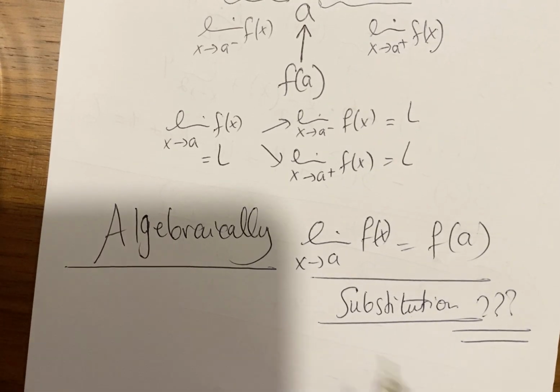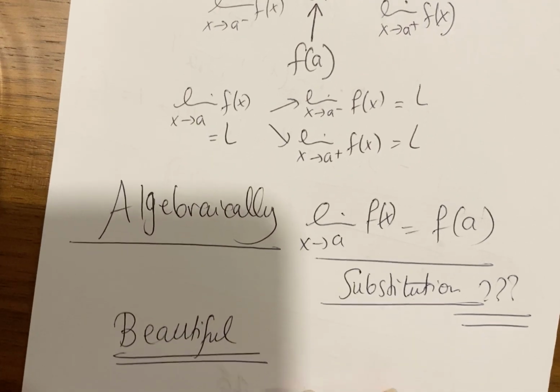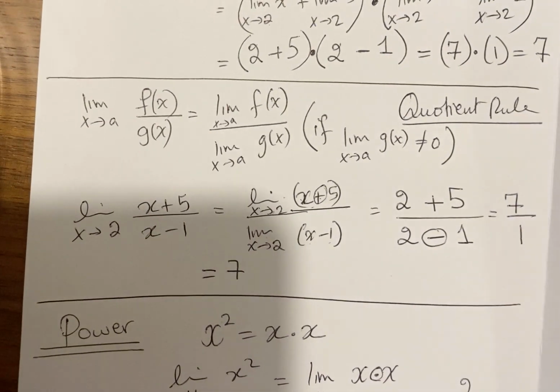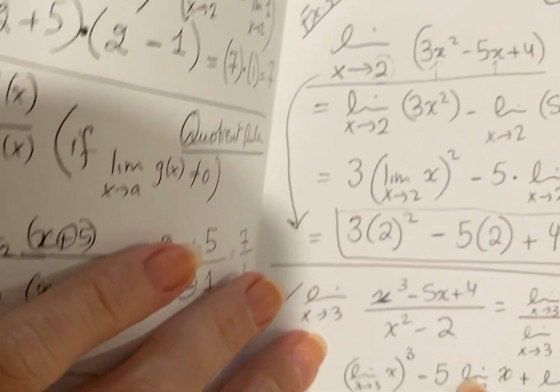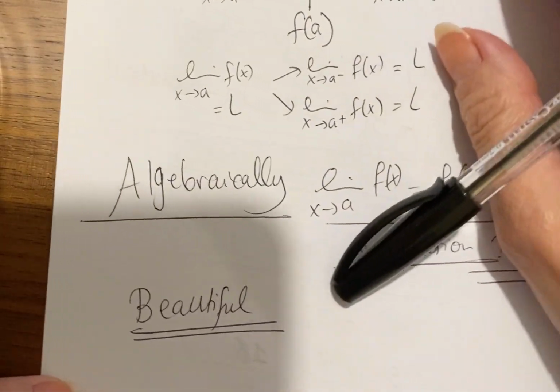I'm showing you that when functions are beautiful, like in all the examples that we had over here, when they are polynomials like this, or rational functions like this, those do not have problems. What do we mean by do not have problems?